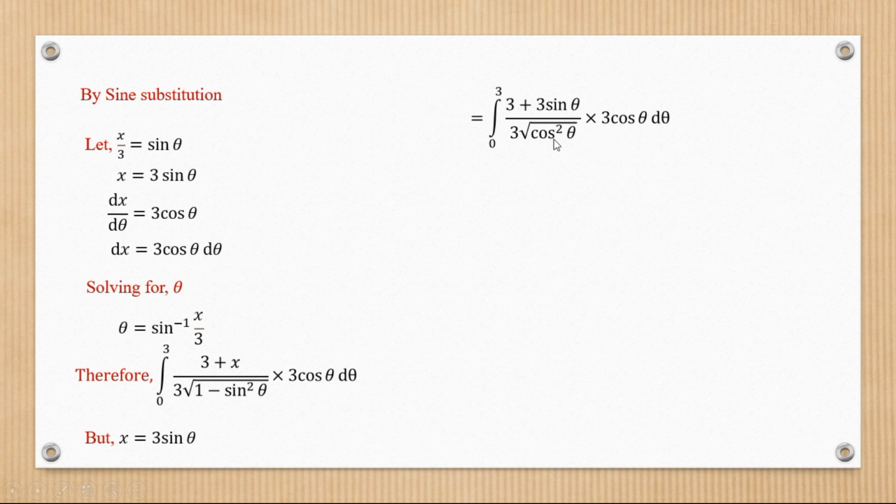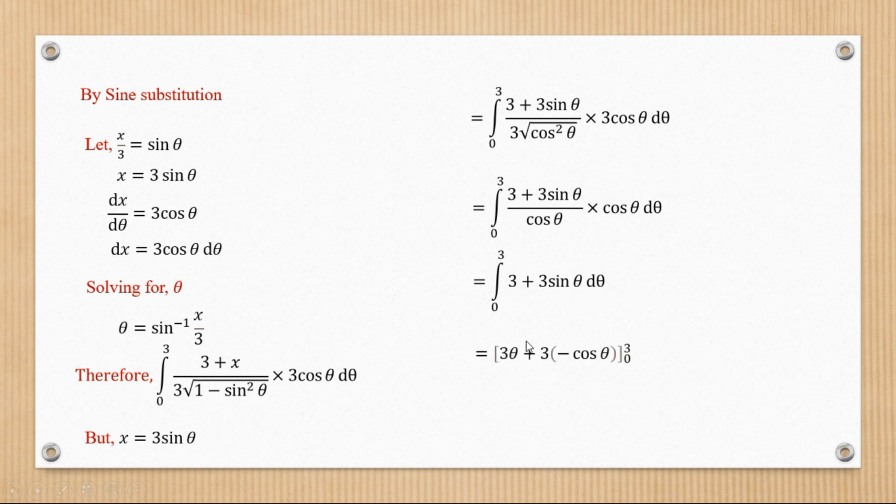Now what happens next is you can see that this 3 and this 3 cancel, and then the root of this shall be equal to cos theta. Now you can see that this cos theta and this cos theta cancel. So we'll be left with the integral of 3 plus 3 sine theta d theta. And then when we integrate that, we have 3 theta plus 3 into negative cos theta. Now, because we have limits, they'll have the limits of 3 and 0.